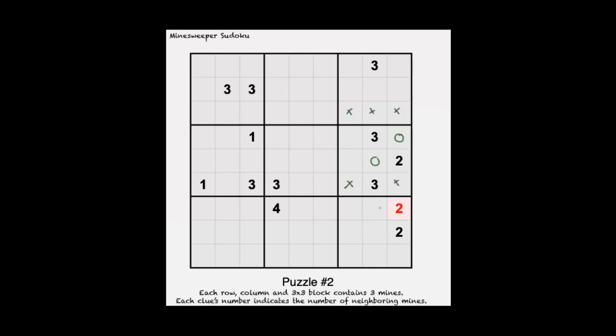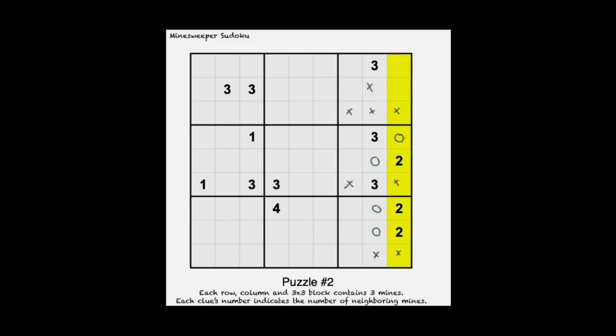This 2 also only has 2 possibilities for mines. Let's place those. This 2 now has both of its mines placed, so we can eliminate its neighbors. Moreover, this column now has all 3 of its mines, so we can eliminate the remaining square.